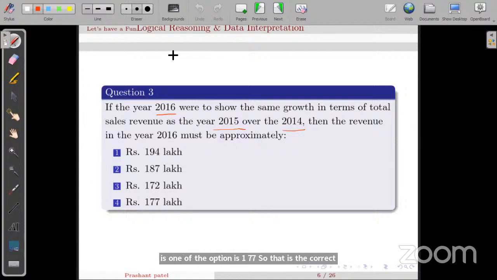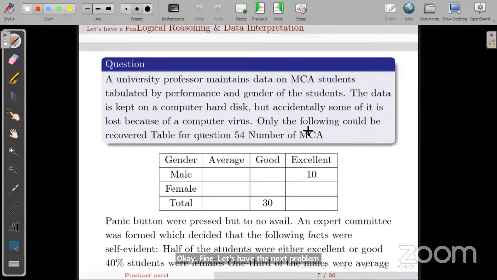Okay, fine. Let's have the next problem. This is another problem. Just read it. Try to understand what is given.